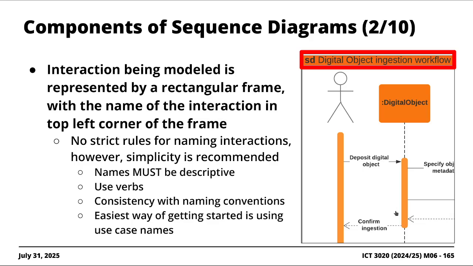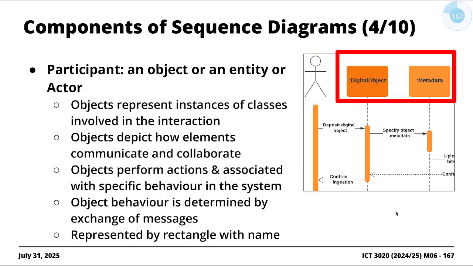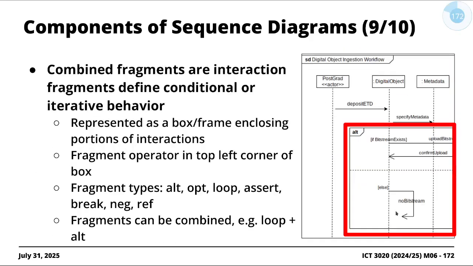Well, the way you represent those things in your interaction diagram, your sequence diagram, is you use what are called fragments. Combined fragments allow you to represent or model control structures like conditions and loops, for instance.